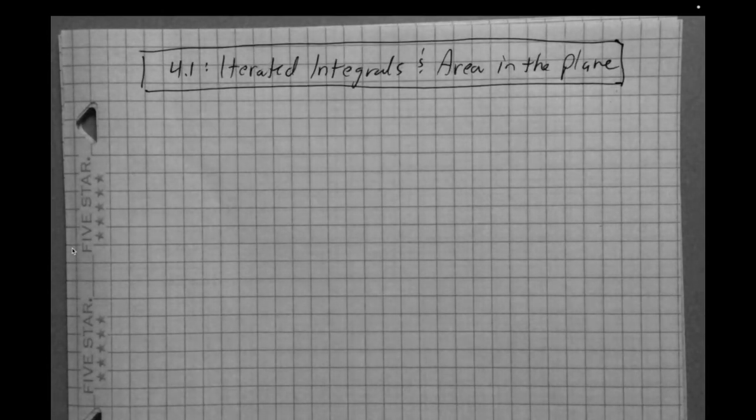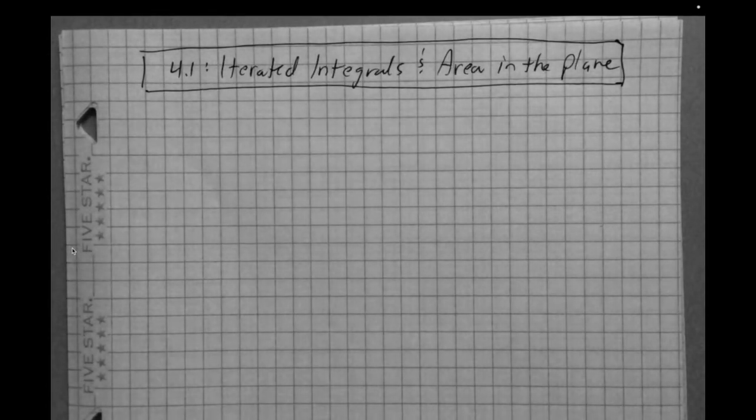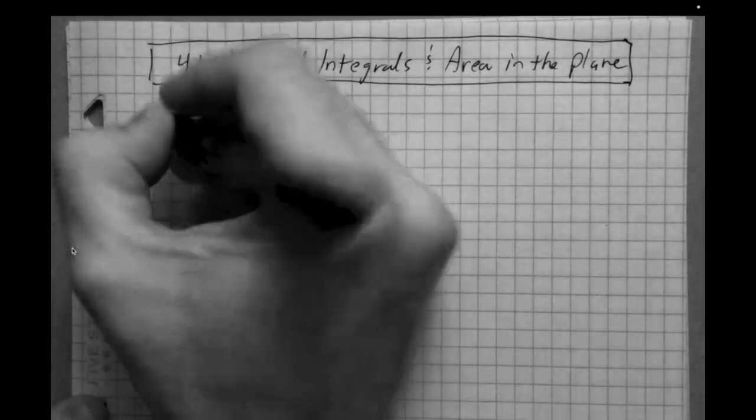Just like we saw with partial derivatives, we can meaningfully integrate a function with multiple variables by considering one of the variables to be constant and integrating with respect to the other. So this is parallel to the idea of a partial derivative.